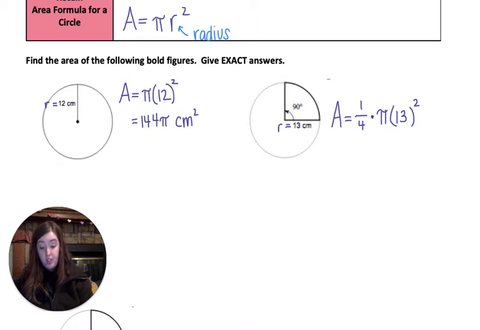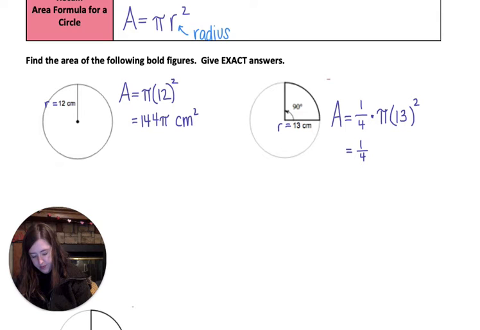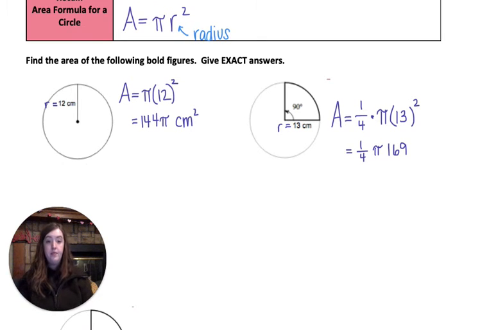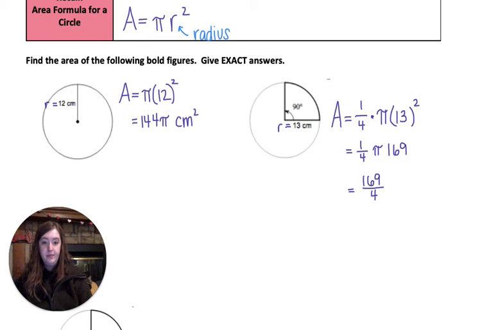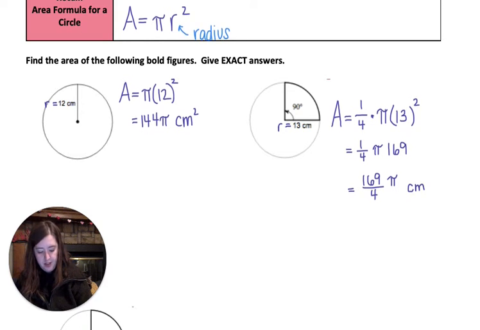So I'll take 13 squared and get 169. And now I'm going to take 1/4 times 169. The easiest way to do that is just put them on top of each other. 169 over 4. And then we'll put that pi there at the end. And then we're in centimeters squared.